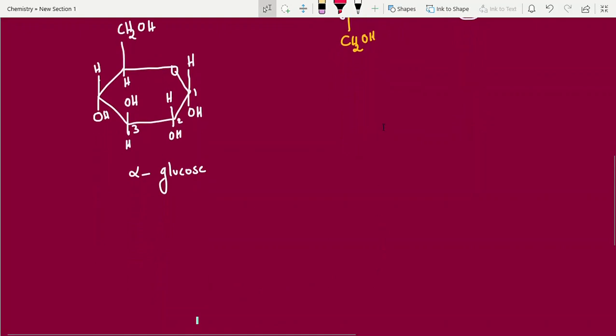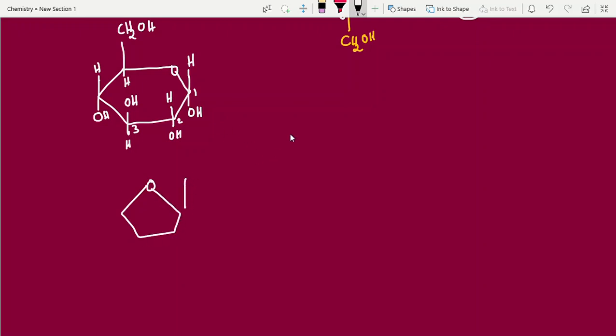Beta fructose. In fructose also, the third, fourth, fifth carbons are the same, right? Fructose, furanose structure.